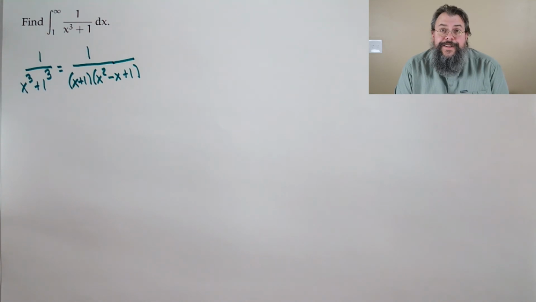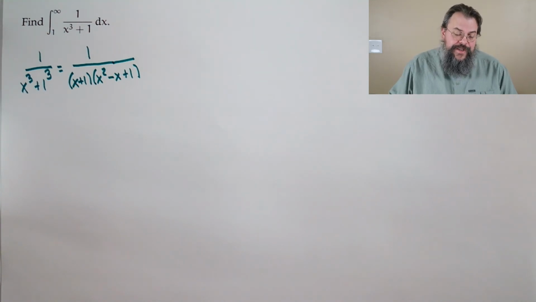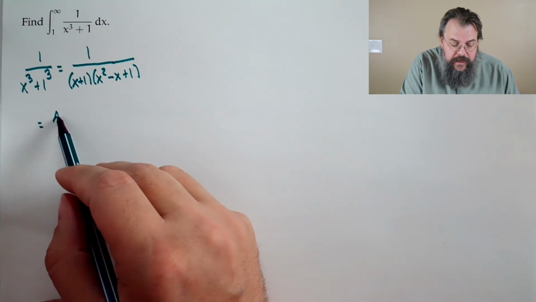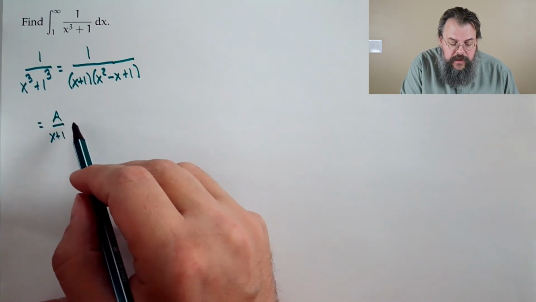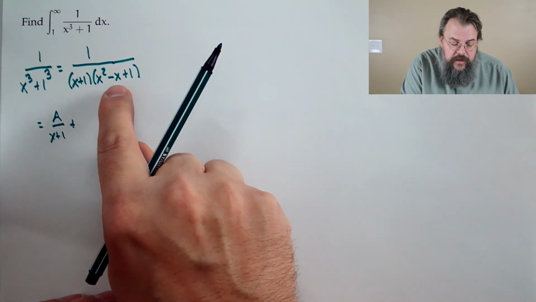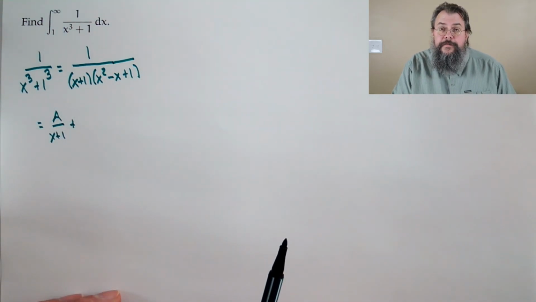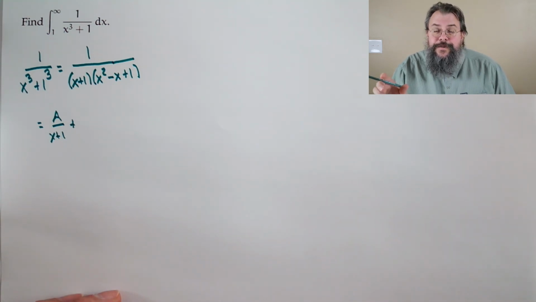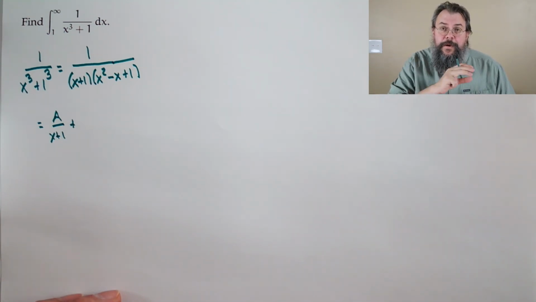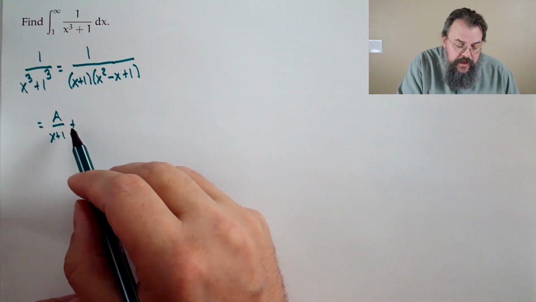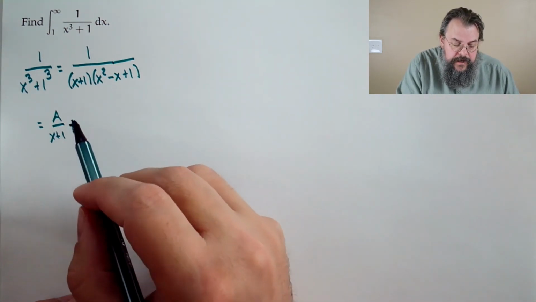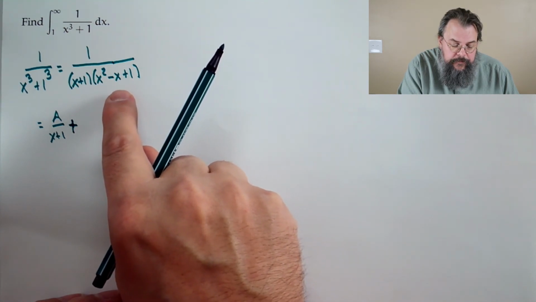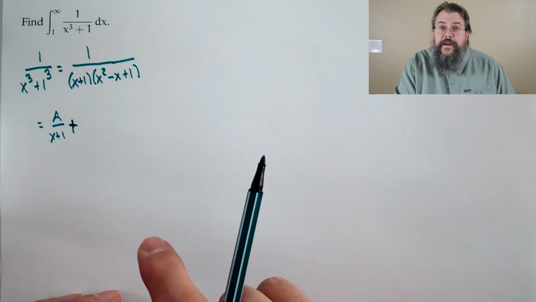All right, well, now partial fractions. This is equal to, we have a over x plus 1, and this is an irreducible quadratic. I won't go into why just right now, but it will come up in a little bit. One way to see it's an irreducible quadratic is set it equal to 0 and solve.